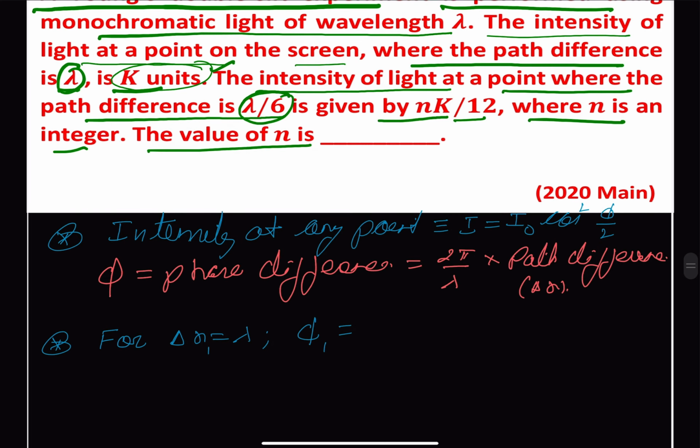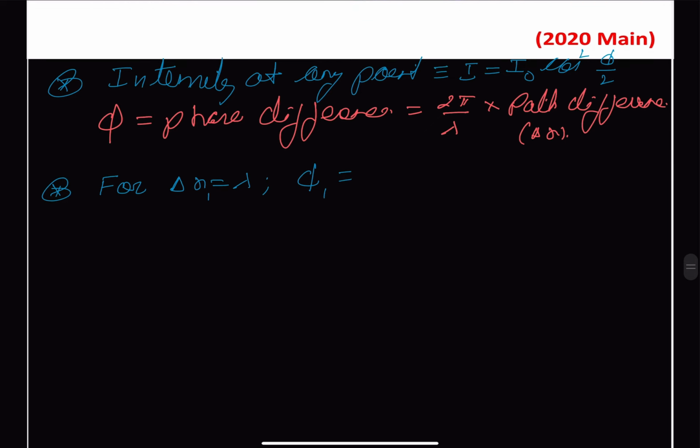Phi 1 will be equal to 2 pi by lambda multiplied by delta x1, which comes as 2 pi upon lambda multiplied by lambda, and lambda and lambda go away, so we get phi 1, the phase difference, equal to 2 pi.